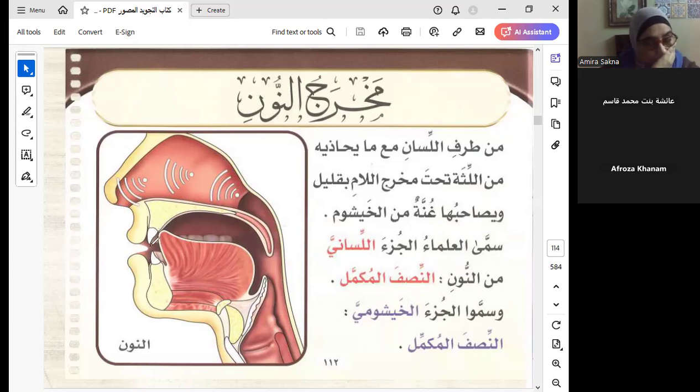Upper central incisors, those are the two big teeth in the middle. What happens? The tip of the tongue is raised to make full contact with the alveolar ridge of the upper central incisor. Full contact, that means no space in between.